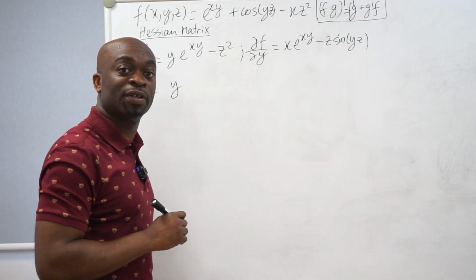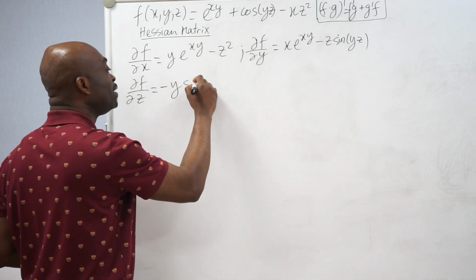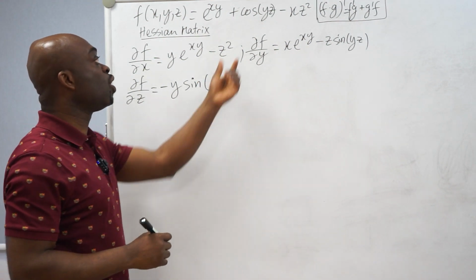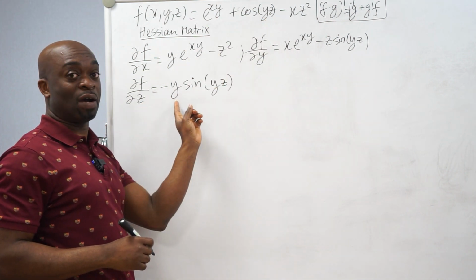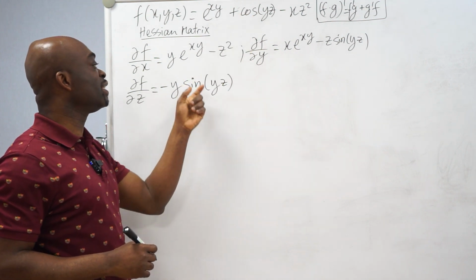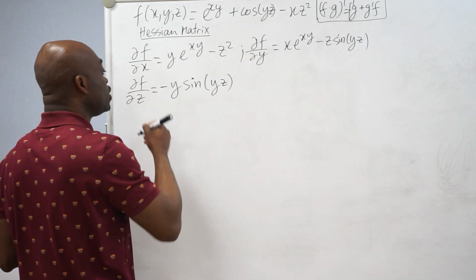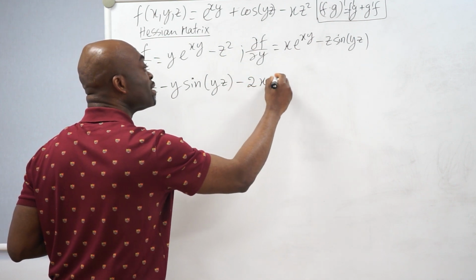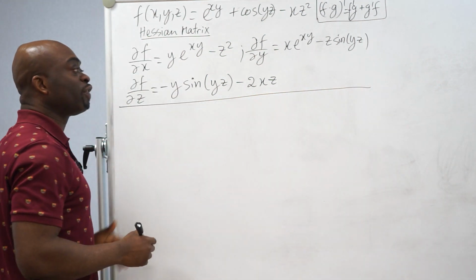The derivative of cosine is negative sine, so it's negative y sin(yz). And then, last but not least, on the third term, with respect to z, that gives us negative 2xz. So that one is dealt with for the first partial derivative.